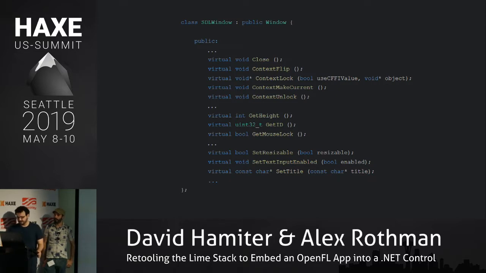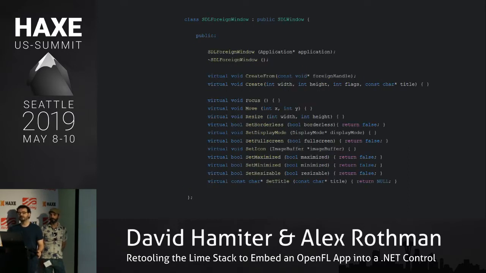This is an abbreviated version of the header file for SDL window, just to give you an idea of the sorts of things that SDL window supports. It's basically: tell me about this window, change something about this window. And it's basically a proxy for the operating system. So what we have done is we created the SDL foreign window as a subclass to support everything, but we have to maintain the rule that we can't attempt to change anything about the window.